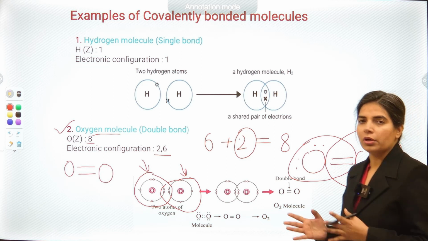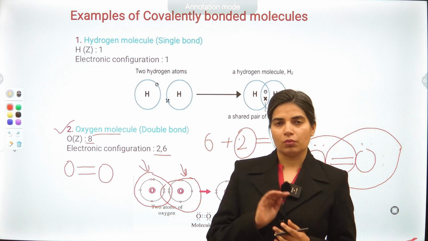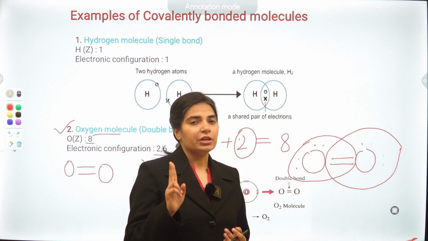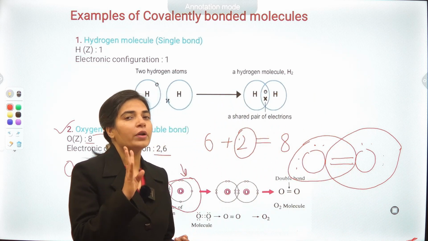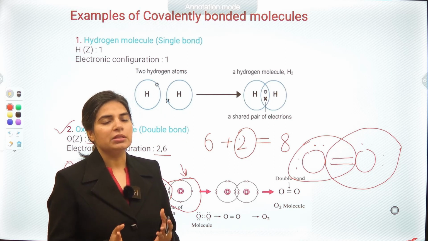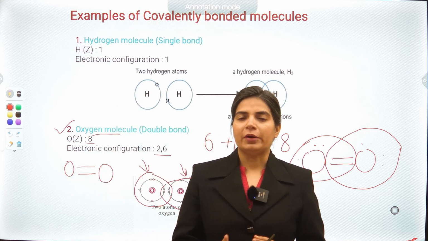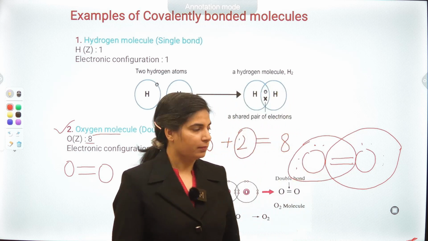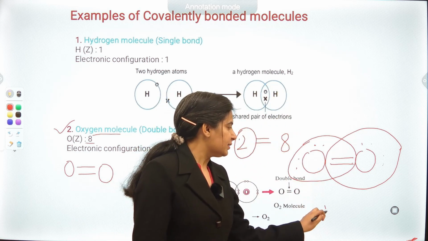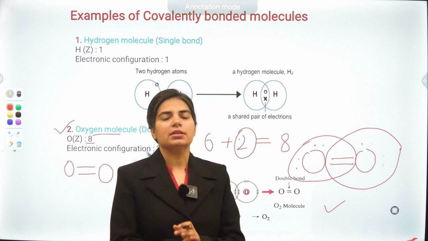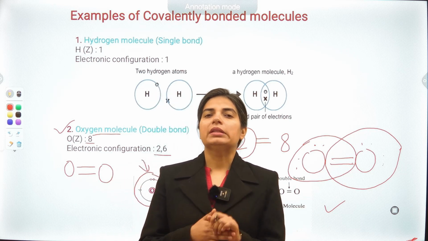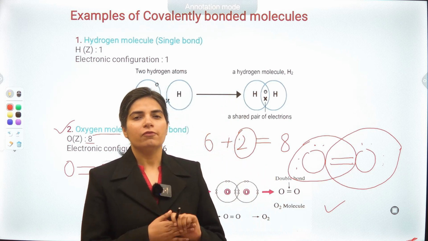In single bond there will be 2 electrons and in double bond there will be 4 electrons. It simply means in case of a bond there is the involvement of 2 electrons. Here that is the case of the oxygen molecule where the double bonds are forming.